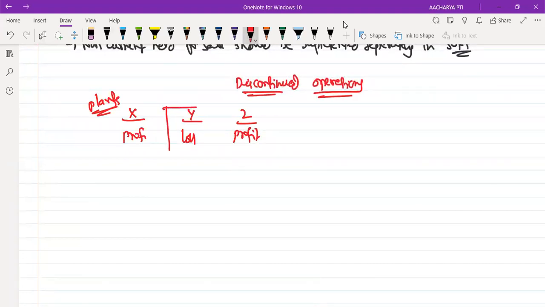Mr. A is unable to continue plant Y, one of his major plants, and intends to discontinue the operations of Y. Then this is called a discontinued operation.